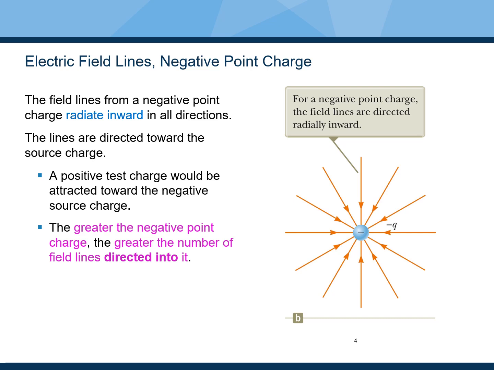Just like in the previous figure, the greater the negative point charge, the greater the number of field lines being directed into that charge. So field lines emanate out of positive charges, and they radially propagate into negative charges. That's an insight we've developed based on the pictorial notions that we've put forth.